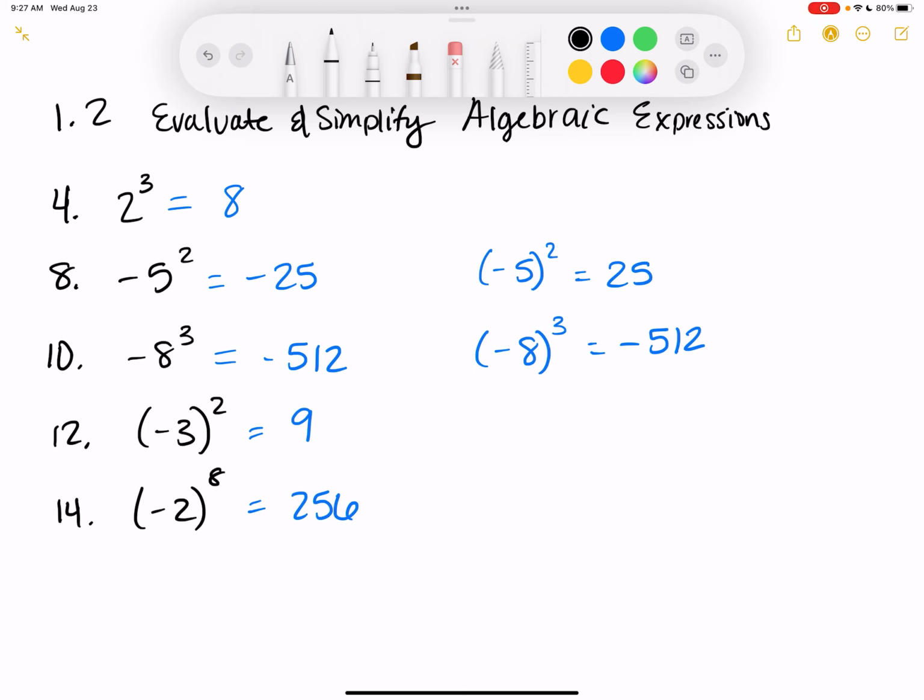All right. So the next one says to evaluate the expression for the given value of the variable. Number 18, we have 6h divided by 2 plus h when h is equal to 4.